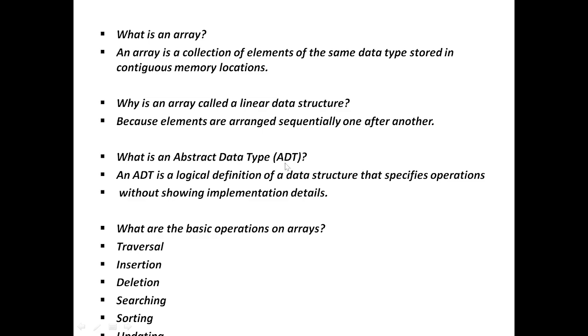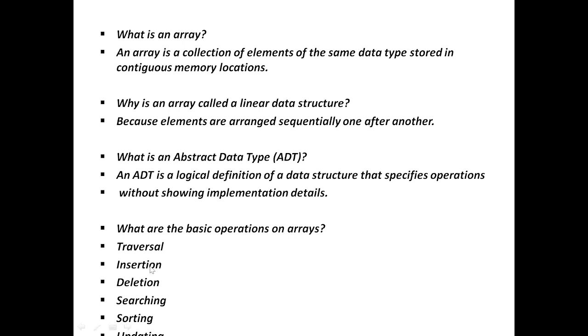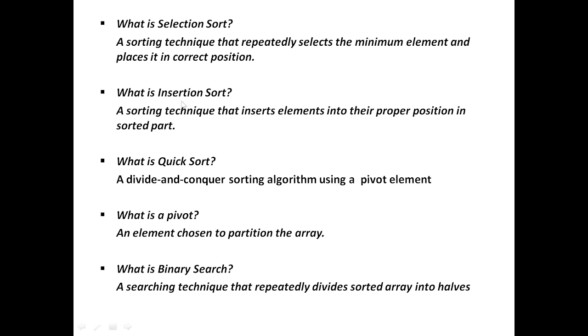An ADT is a logical definition of a data structure that specifies operations without showing implementation details. What are the basic operations on an array? Traversal, insertion, deletion, searching, sorting and updating are the basic operations on an array.